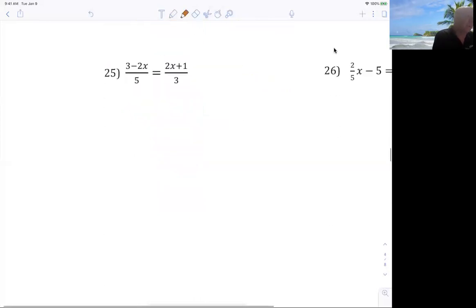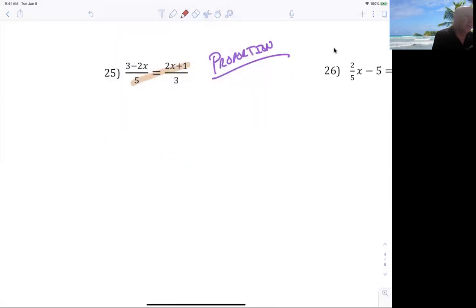25. What do we see on 25? We see on 25 that it is a proportion. What is a proportion? I told you you're supposed to cross multiply. Those two things get multiplied. Those two things get multiplied. That's what's meant by cross multiplying. So 5 parentheses 2x plus 1 equals 3 parentheses 3 minus 2x.